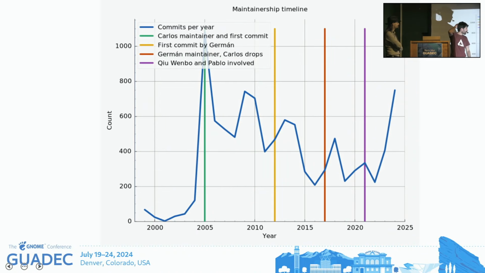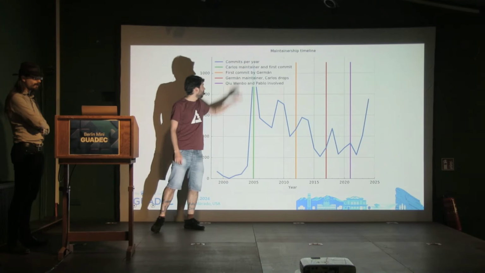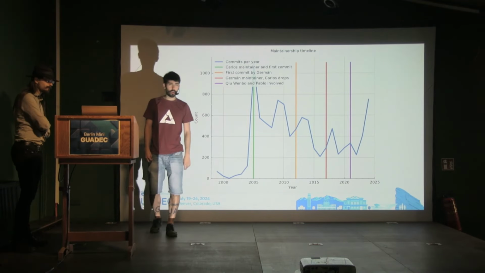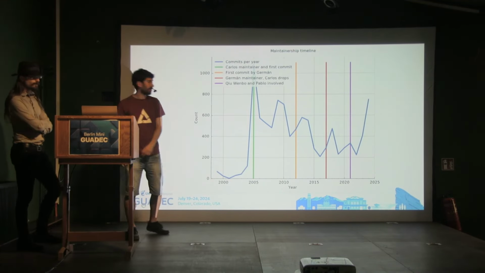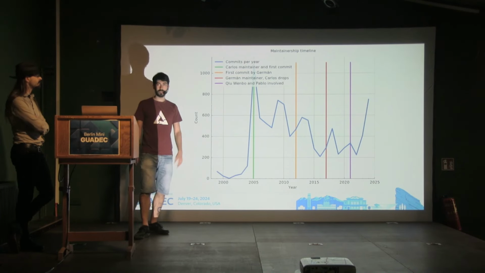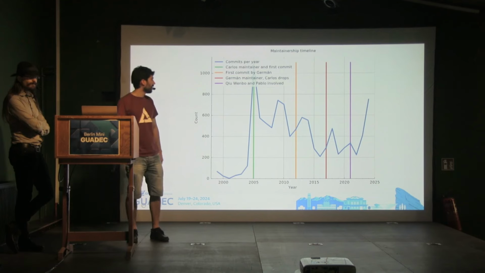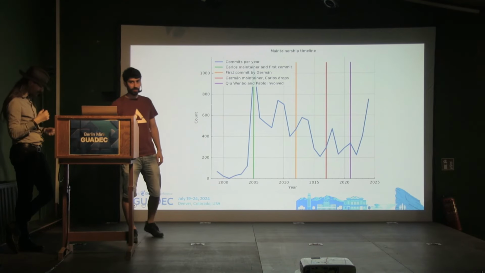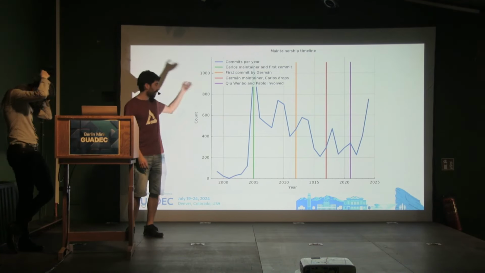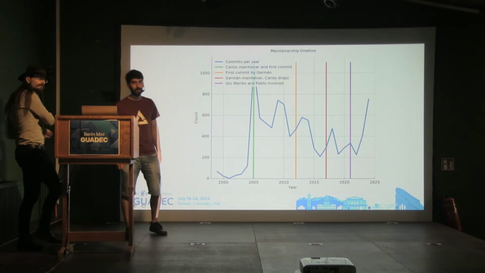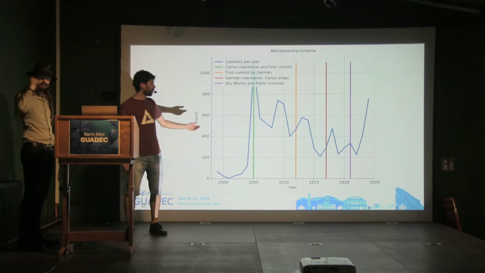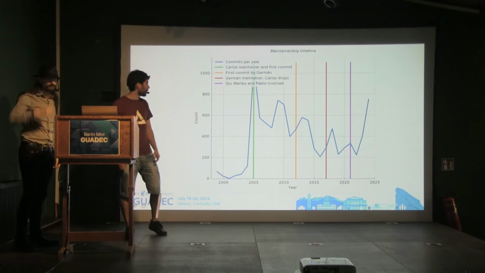So, a bit of what happened there and why. Basically, in 2005, with this big peak, there was a person called Carlos García Campos who did the heavy lifting of the project. He has close to 1,500 commits, followed by something around 400 commits from each of Germán, who is still the current maintainer of Evince, Qiu, and me, the current maintainers of Papers.